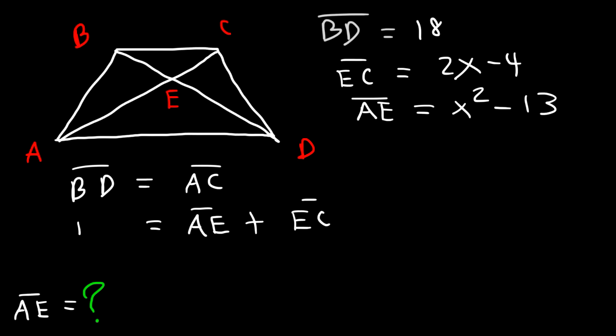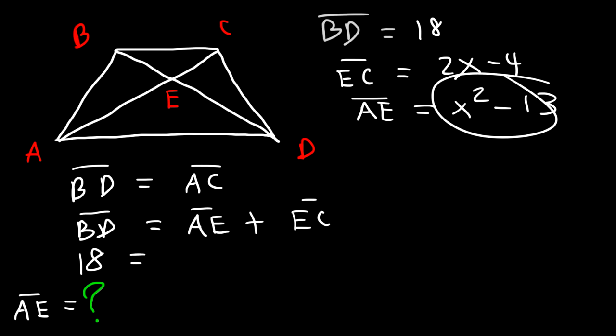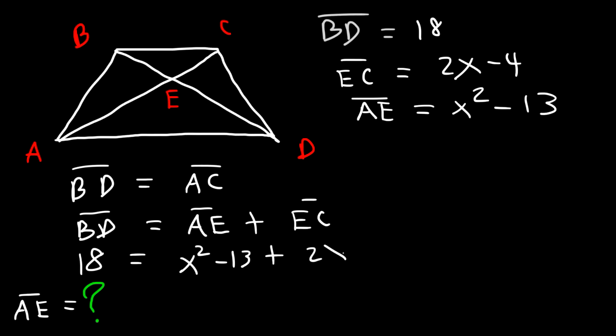So that means BD is the sum of AE and EC. Now BD we know is 18. AE is x squared minus 13. And EC is 2x minus 4. So now we have a formula that we can use to calculate the value of x.